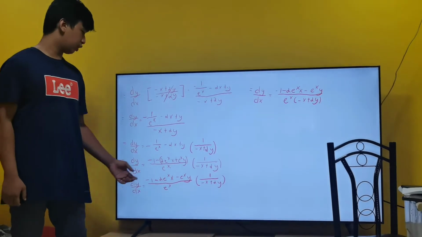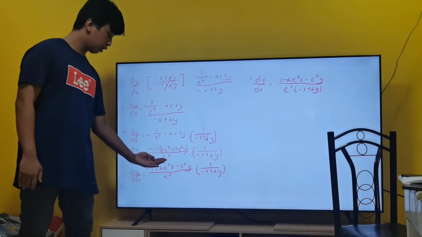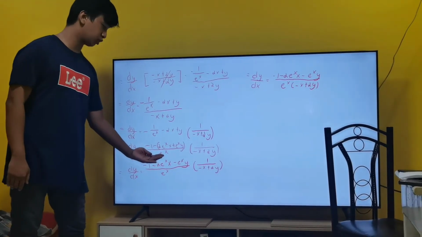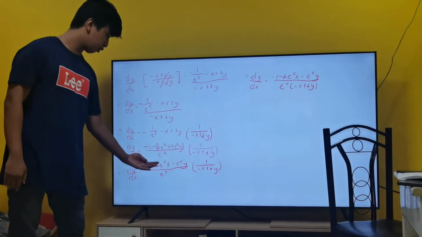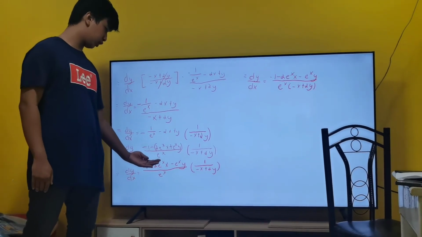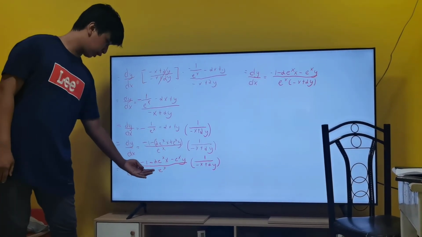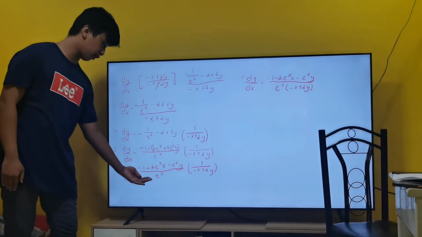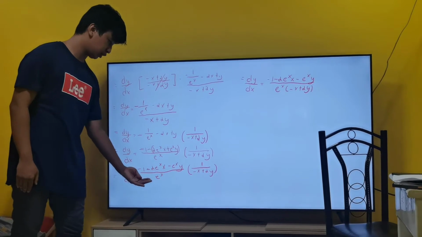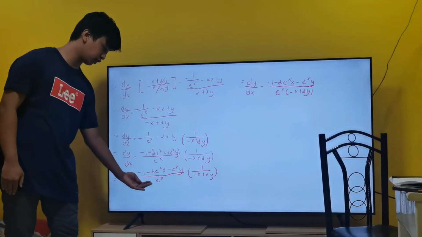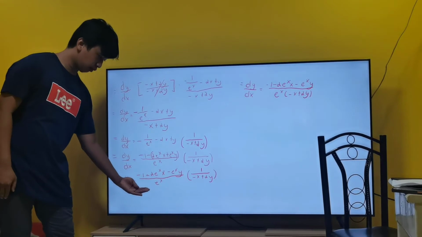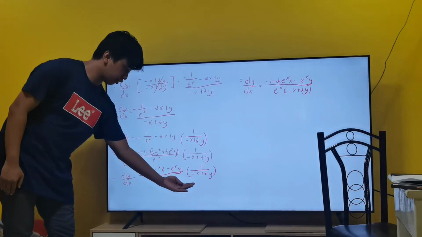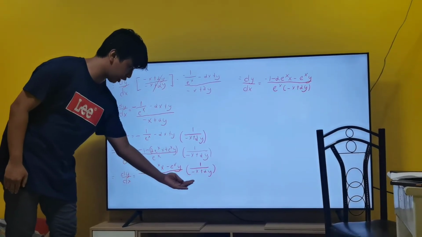First, let's distribute the negative sign on 2e raised to the power of x plus e raised to the power of x y over e raised to the power of x, then it will become negative 1 minus 2e raised to the power of x minus e raised to the power of x y over e raised to the power of x multiplied by 1 over negative x plus 2y.